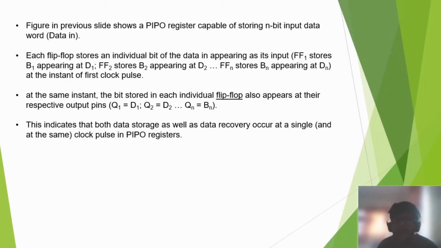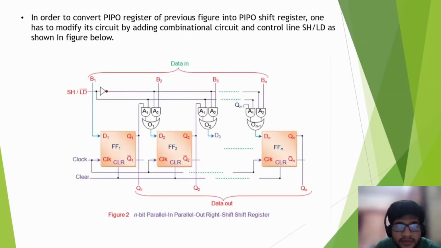So when we put in the second clock signal, the data is already in the output pins Q1, Q2 to Qn, and we get the output at once. This indicates that data storage as well as data recovery occur at a single clock pulse in parallel in, parallel out registers.